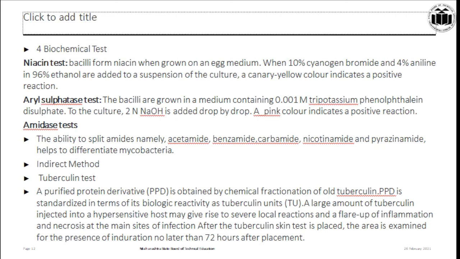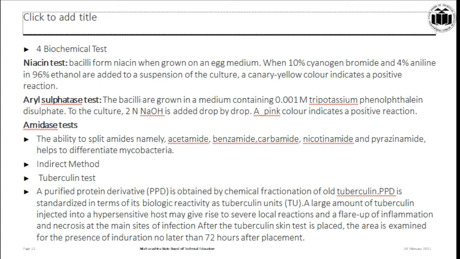Again, various methods are there to detect, that is the aryl sulfatase test method, where you grow the organism and add triphosphate phenolphthalein disulfate, and in that media if a few drops of 2 normal NaOH are added and the color changes into pink, it indicates that the organism is Mycobacterium tuberculosis.